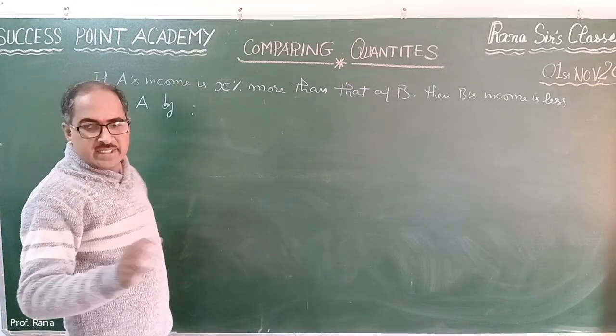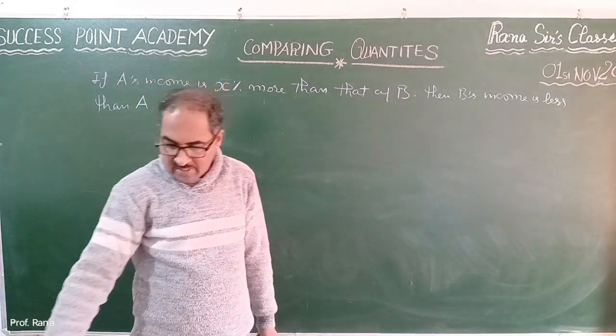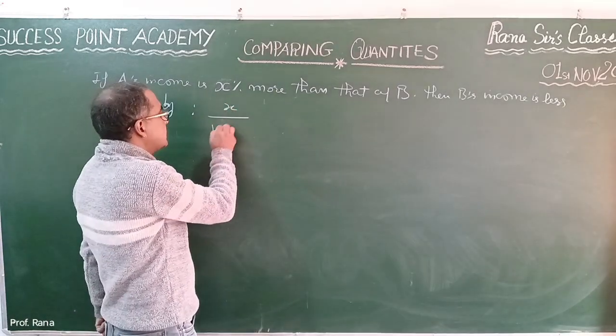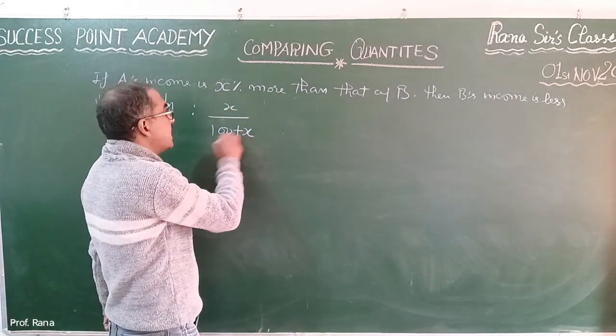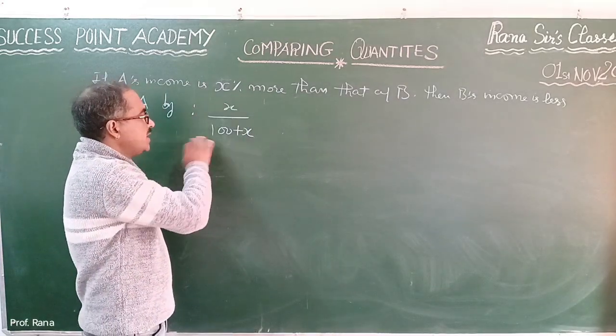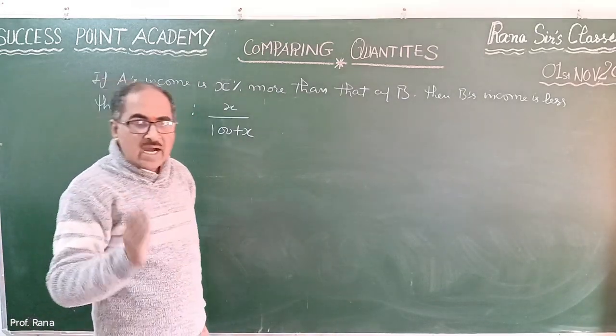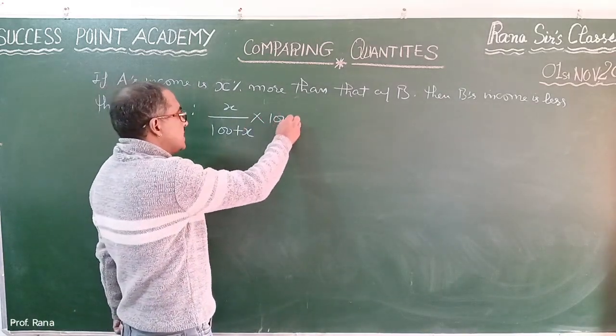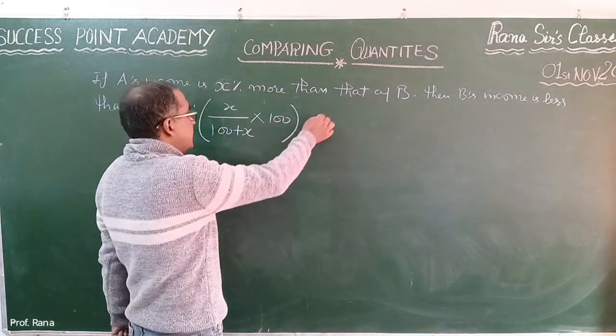You will apply a formula for this. This is X upon 100 plus X, X% more, right? So it should be X upon 100 plus X, and because you have to get percentage, it will be multiplied by 100.